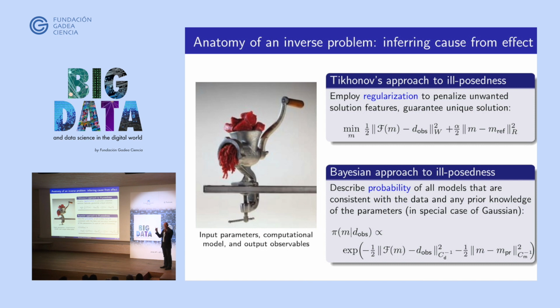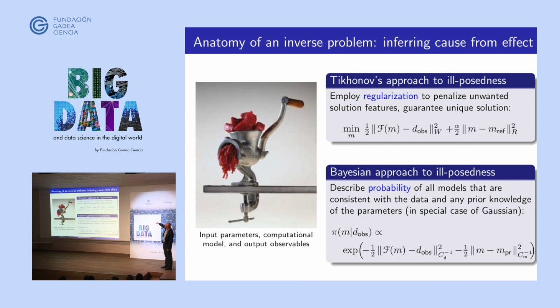Well, there's a so-called classical approach that developed in, let's say, the 60s with the work of Tikhonov, and that is to employ regularization to penalize unwanted solution features and to guarantee uniqueness.